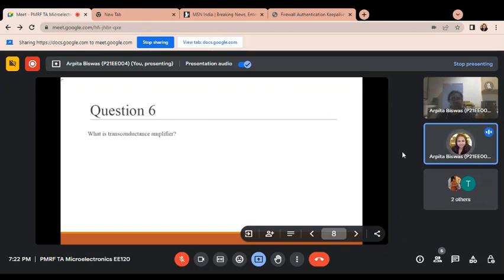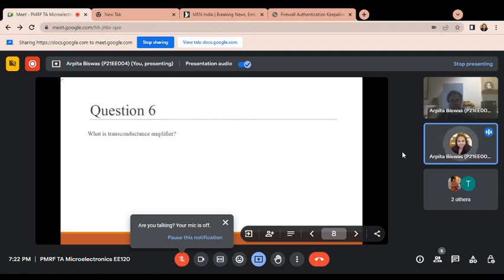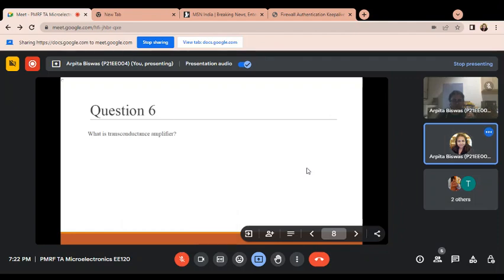So it means we are giving some small input and getting something large. So what is the transconductance, what is the input here, and what is the change? It means something is changing in the output now.